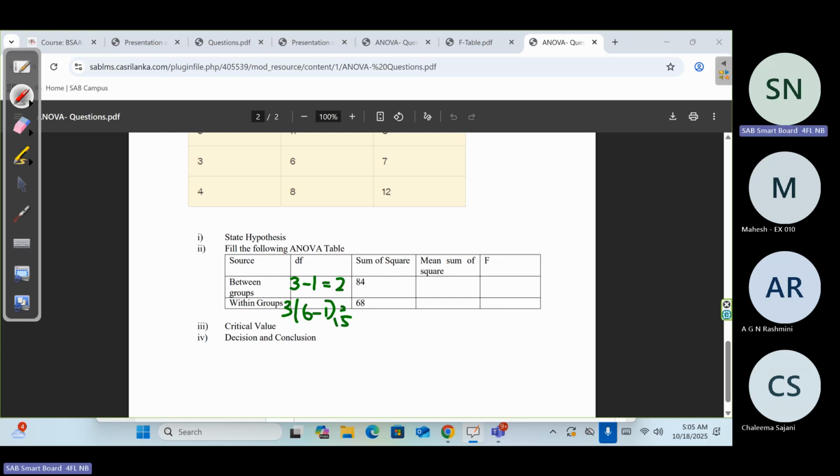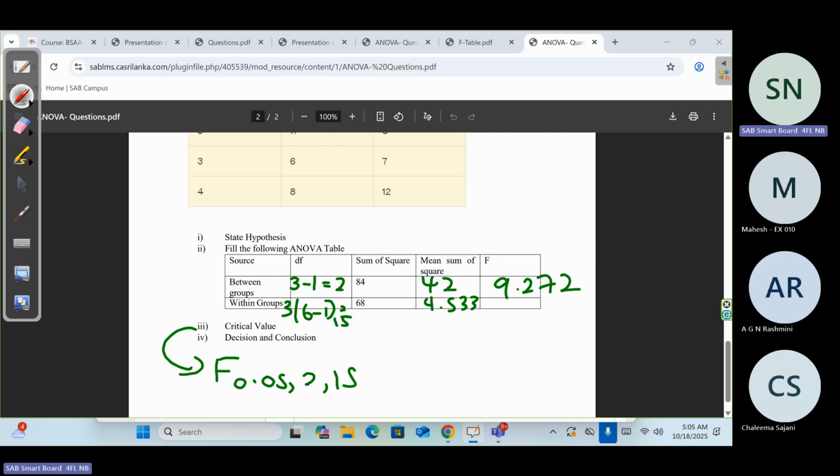Then mean sum of square here 42. Here 68 divided by 15, 4.53. Okay. Then 42 divided by 4.53, 9.27. Okay. Then what is the critical value in here? F at 5%, 2 and 15.